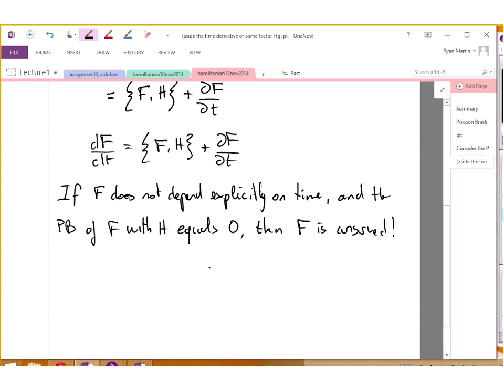Right? By conserved, I mean df by dt equals 0 if ∂f/∂t equals 0 and the Poisson bracket of f and H equals 0.